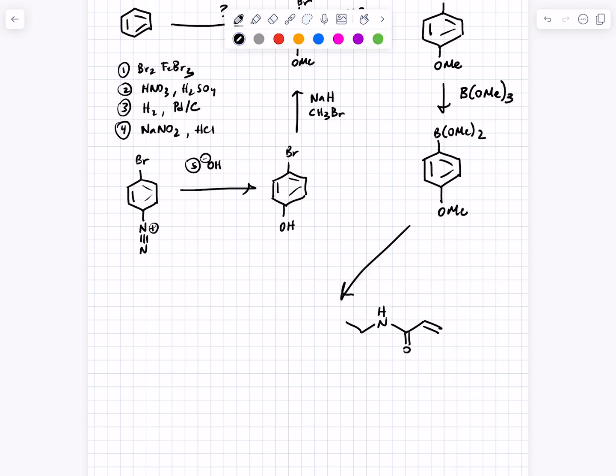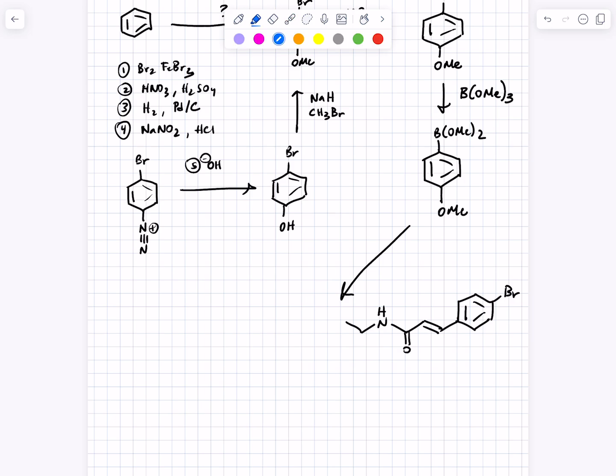And a Suzuki reaction is a great opportunity to learn to ignore details that don't matter and focus in on what does. You may look at all of that and you're like, why? What's the point of all of that? Well, they were clearly making some molecule for some purpose.